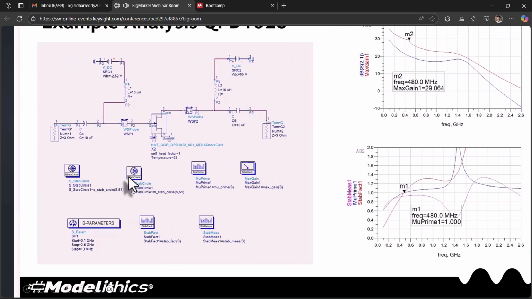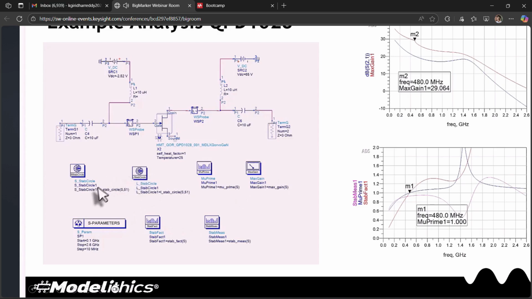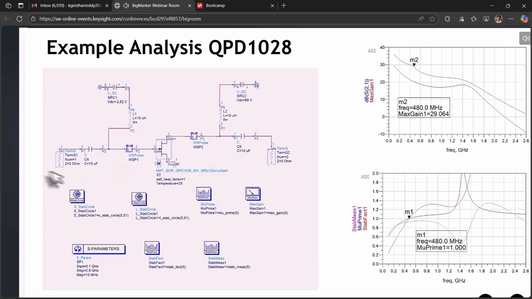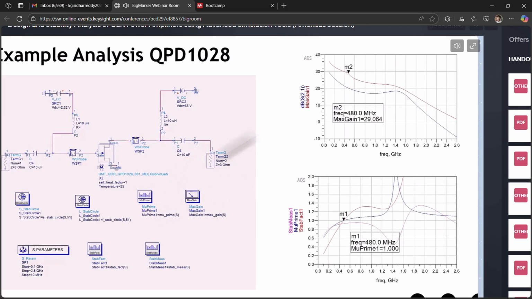We also dropped in the load stability circles and source stability circles, which we'll look at in a minute. We set the impedances here to 3 ohms instead of 50 ohms because it gives a more useful graphical depiction of what's going on, better S21 gain. These impedances are a little closer to what we have to match the transistor to get some good gain out of it.